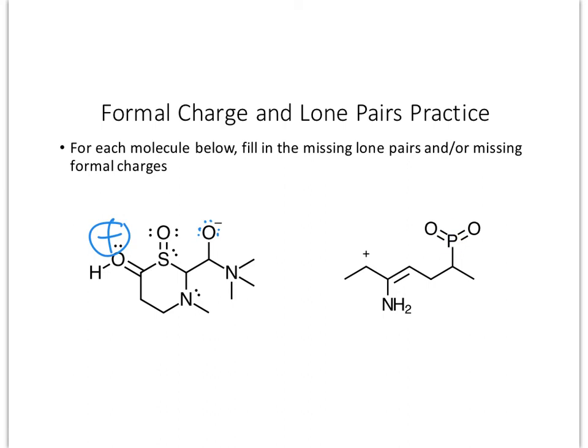So be comfortable working with a given number of lone pairs and what the formal charge should be, or if you are shown a formal charge, how many lone pairs, if any, would be on that particular atom. We'll follow up with this in more detail in class.